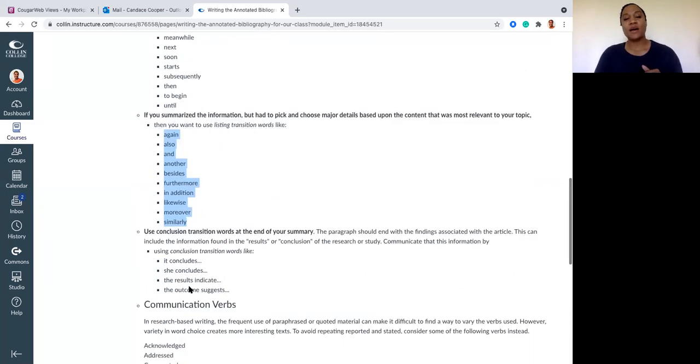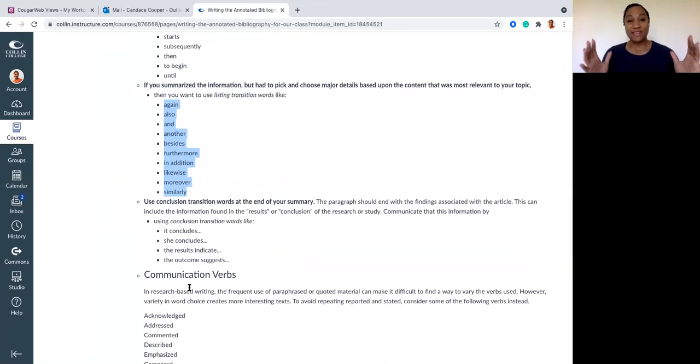All right. Now, at the end of this paragraph, you're going to use a conclusion transition word, and that's going to take you to the end of the article, and you're going to be communicating to your audience, we're at the end. So here's some smooth transitions. It concludes, she concludes, the results indicate, the outcome suggests.